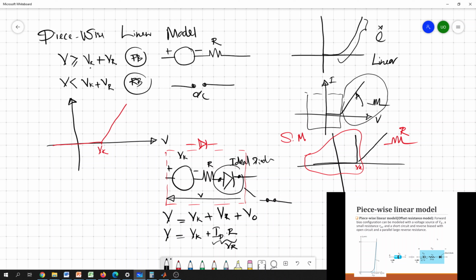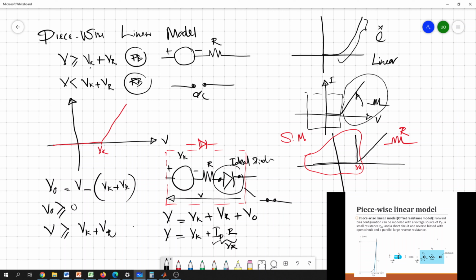So to make it forward biased, from here we can say that V out equals V minus (Vk plus Vr). To make V out zero, V should be greater than or equal to Vk plus Vr.